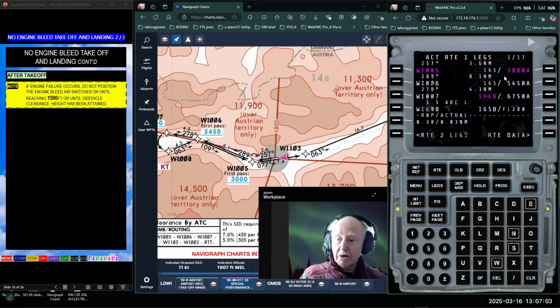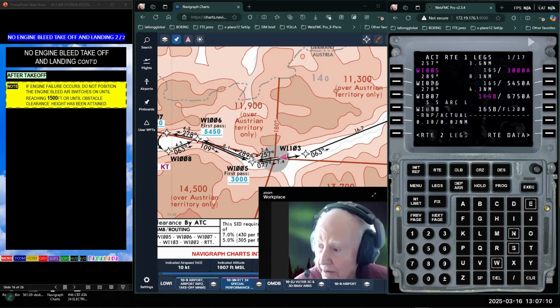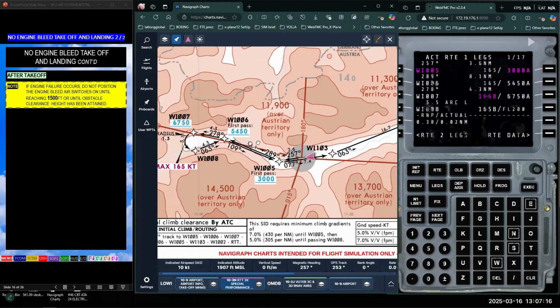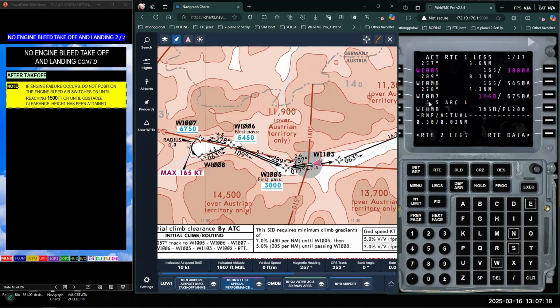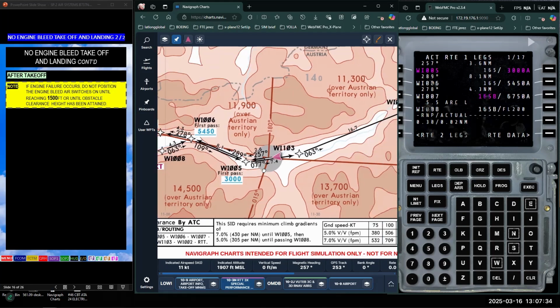So there it is, the first point, Whiskey 1005, 3,000 feet or above. Then Whiskey 1006 at 5,450 feet or above, and then Whiskey 1007, 6,750 feet or above. So that all has been checked, and we have to be very careful that we follow that.